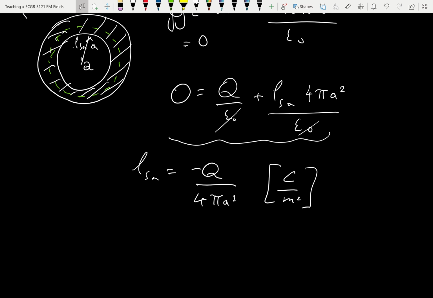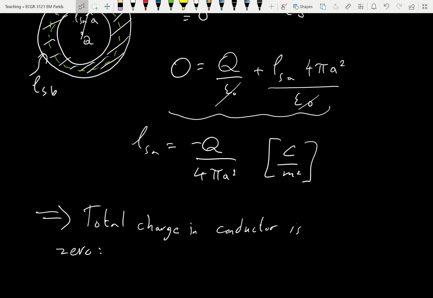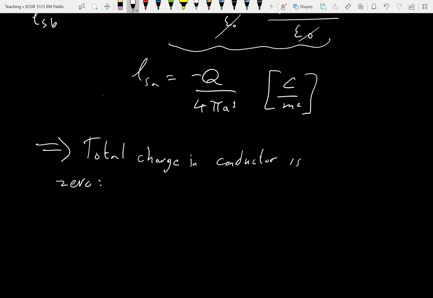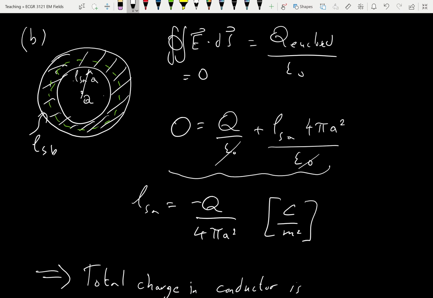Okay, how do I find rho SB? Well, I use the fact that total charge in the conductor is 0. So this tells me that the charge on the inner surface plus the charge on the outer surface equals 0.